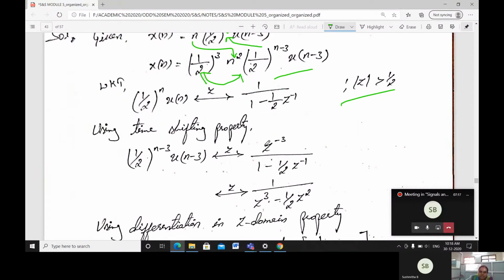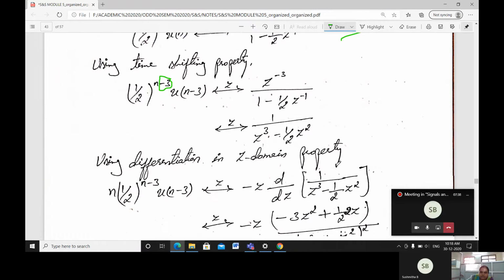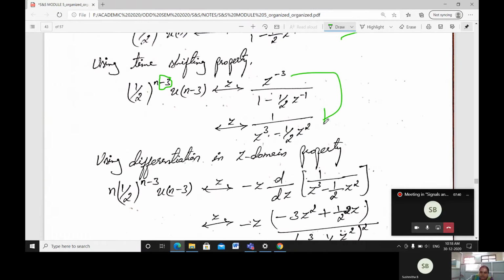The z transform is going to be z raised to minus n naught, where the shift is n minus n naught, and here n naught has the value 3. So I can write z raised to minus 3 divided by 1 minus 1 by 2 z inverse. Therefore, if I simplify this, I will be getting 1 divided by z cube minus 1 by 2 z square.